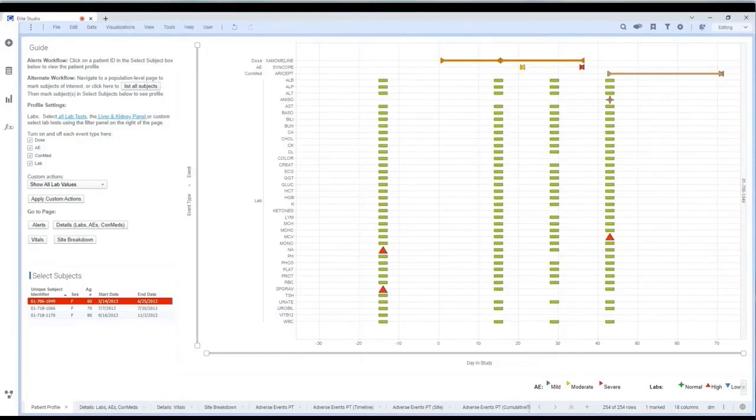So it is a very flexible way to take a quick look at the data and derive hypotheses or drive your clinical decision-making.